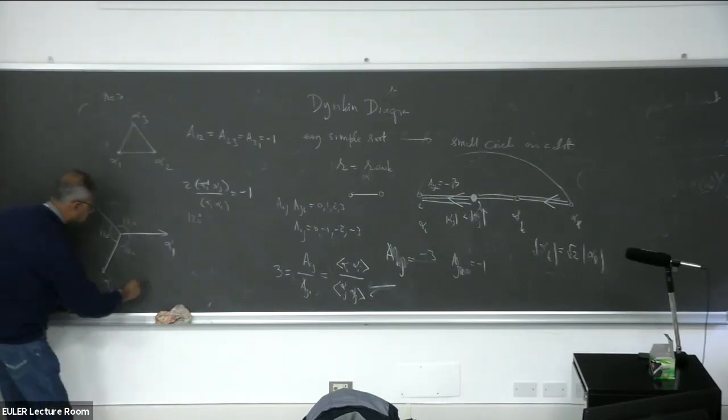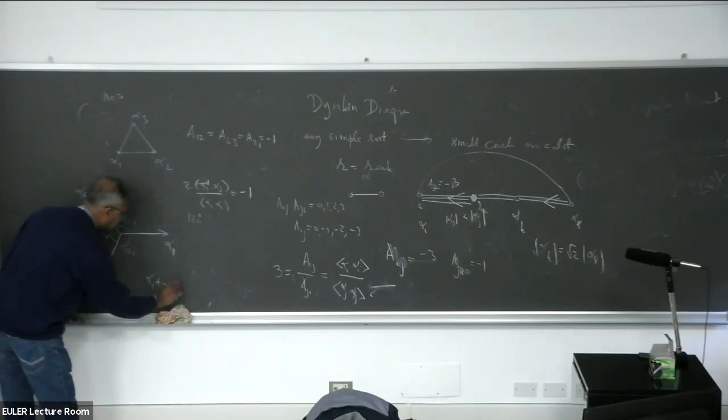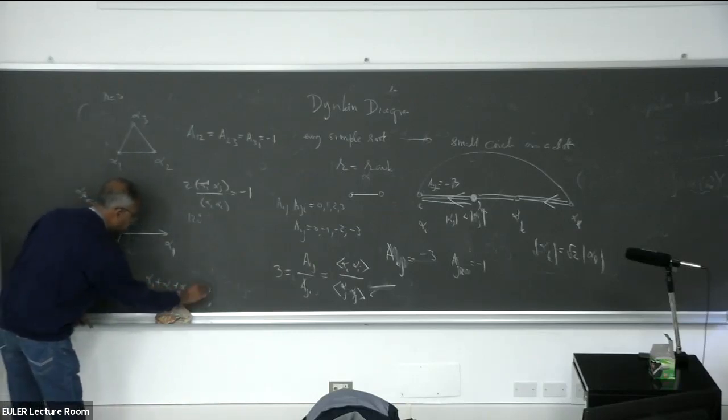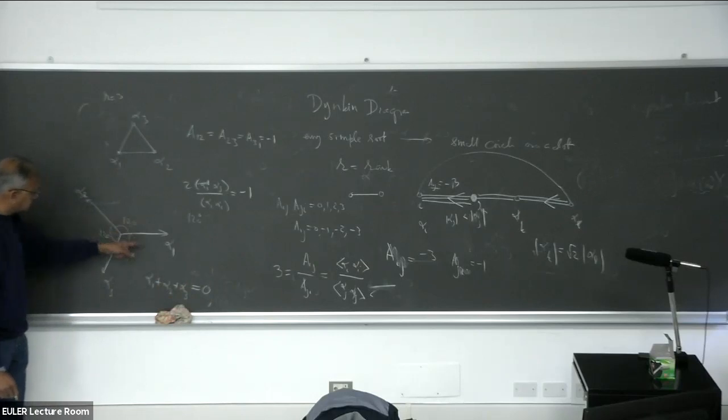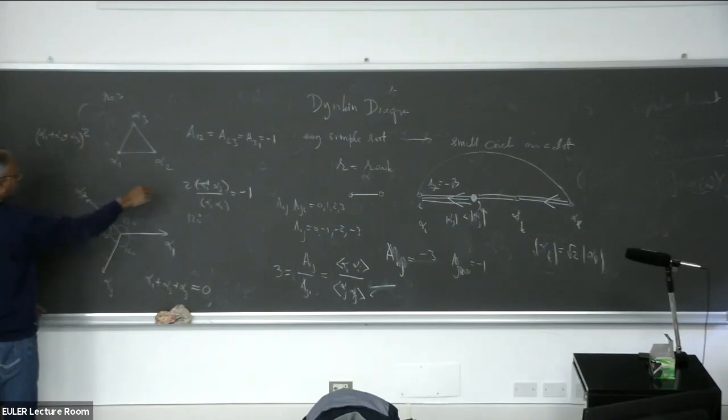So in this case, alpha 1 plus alpha 2 plus alpha 3 is 0, because you just add these 3 vectors and you get 0. Which you could have also seen directly from the definition. Let's look at alpha 1 plus alpha 2 plus alpha 3 squared.